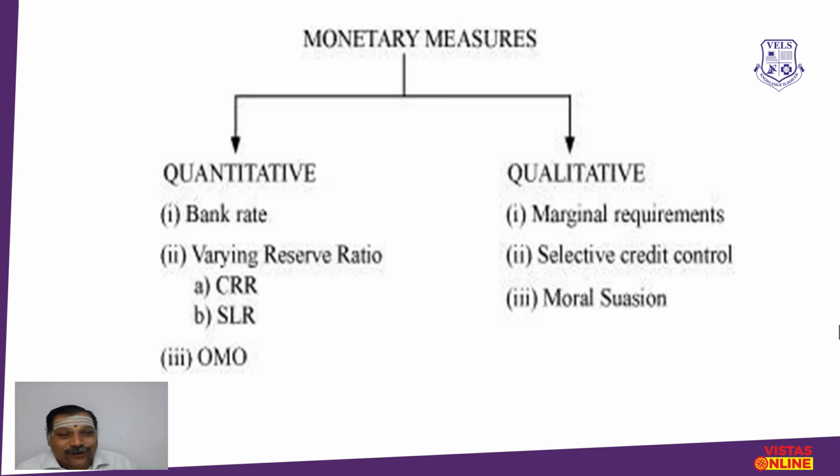These are all the quantitative techniques. But there are some qualitative techniques also. Some of the qualitative techniques are marginal requirements, selective credit control measures, and moral suasion. These are all the qualitative monetary measures for the monetary policy.